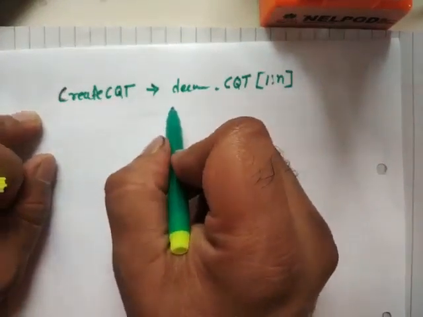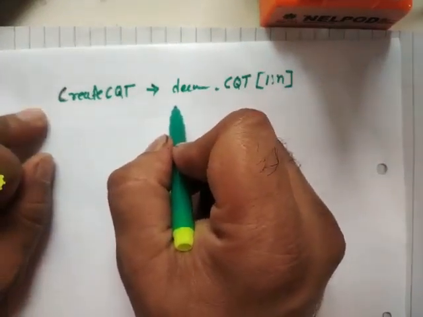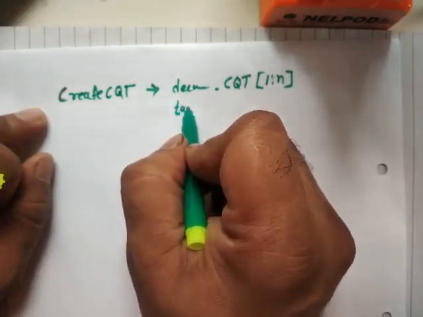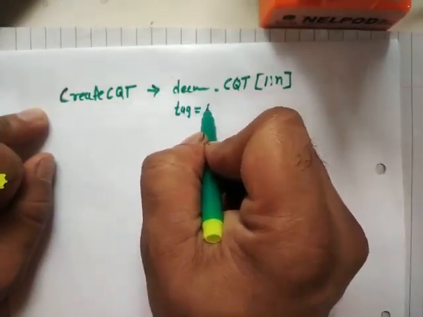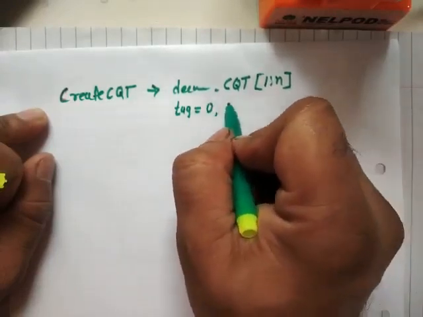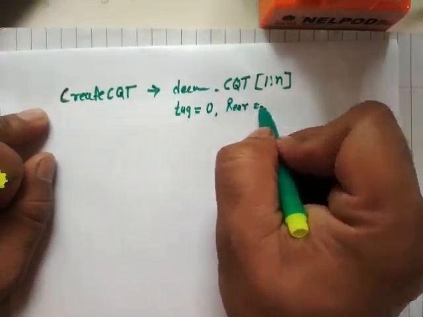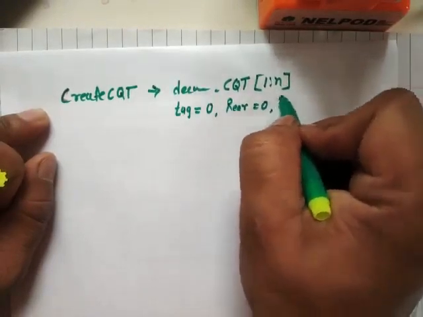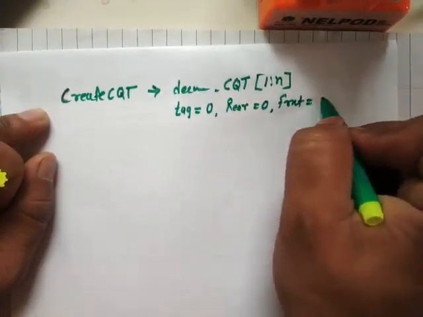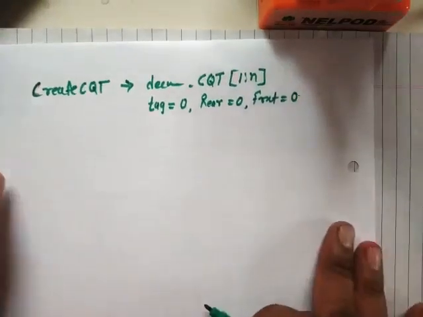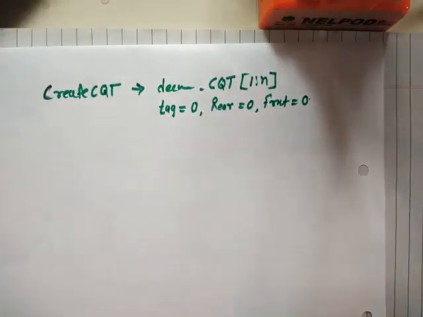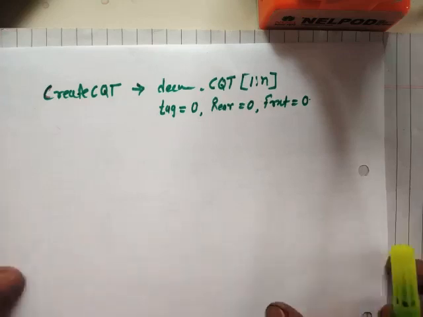In the create function, I am also going to declare some variables: tag is initialized to 0, rear is also initialized to 0, and front is also initialized to 0. So in the circular queue create operation, we declare this circular queue array, then we initialize tag equal to 0, rear equal to 0, and front equal to 0.